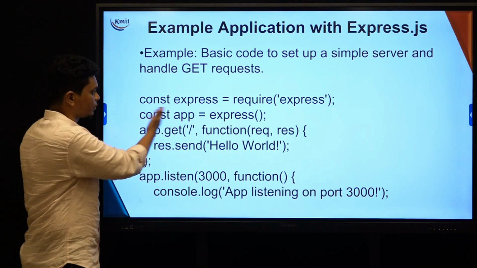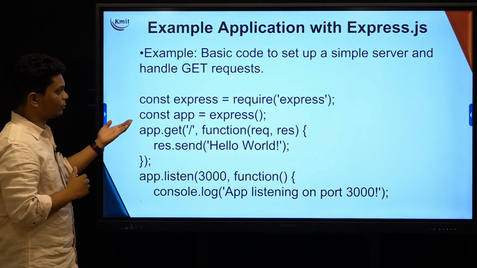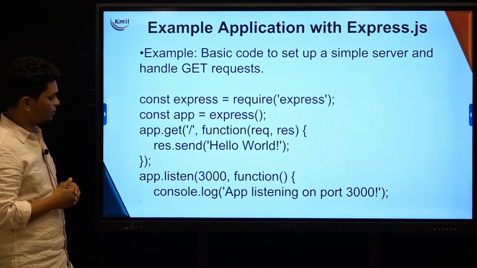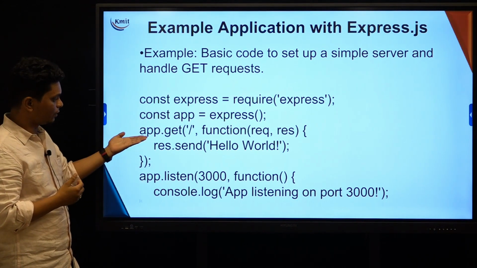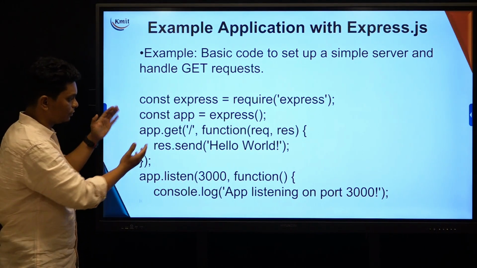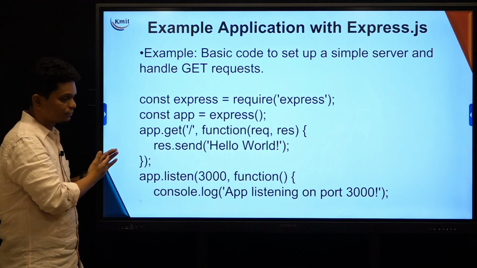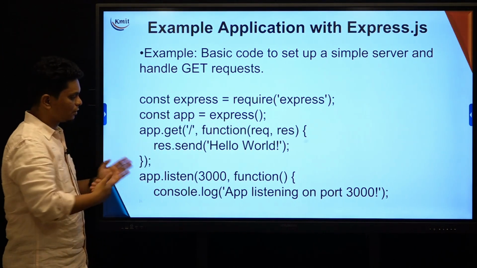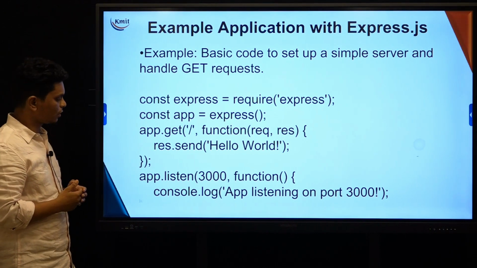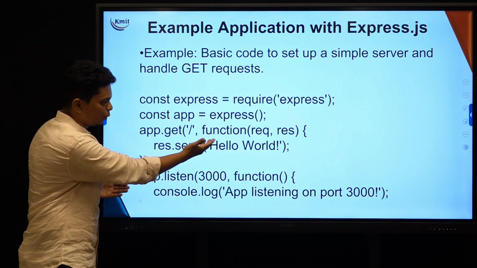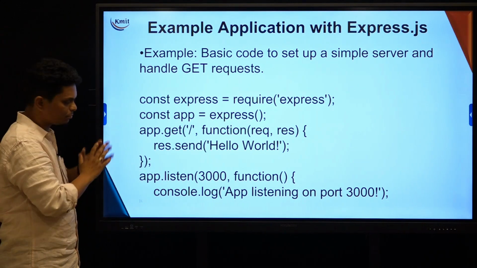So here, as you can see in the first line, we are importing express for our particular application. Then here you can see we are using an object, app.get, a get function which is handling a response. So we have said response.send hello world to keep it very simple.